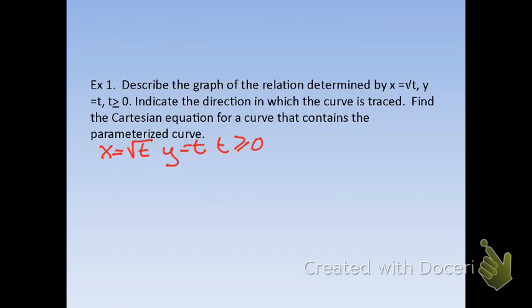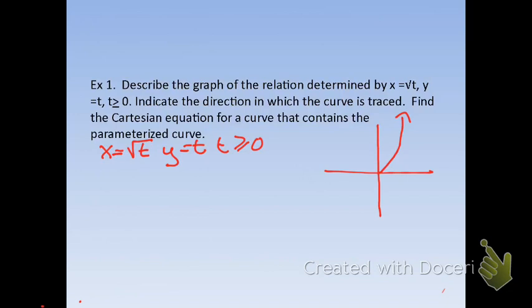So the square root of t for x, and then y1 will just be t. Put it on my graph. Okay, so when I put this in the calculator, I'm going to get a rough graph that looks like somewhere in there.